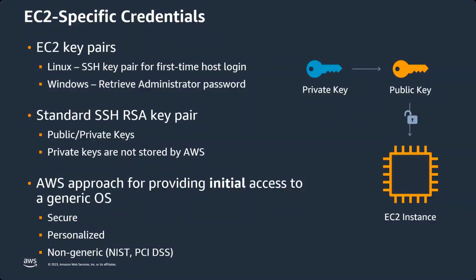The public and private keys are known as the key pair. When you launch an EC2 instance, you can specify an existing key, or you can create a new key pair. For example, for Linux instances, the private key allows you to securely SSH into your instance. And for Windows, the private key is used to decrypt the local administrator password.